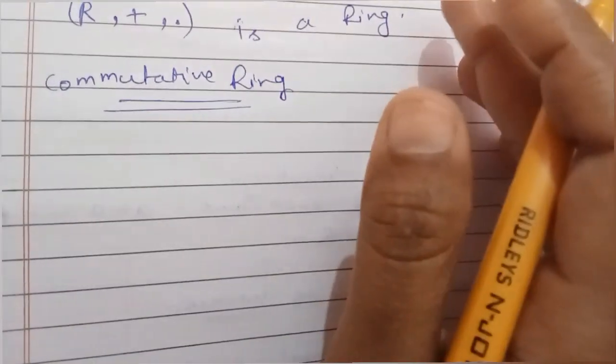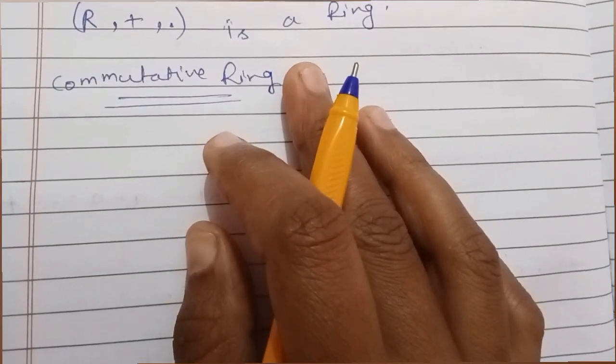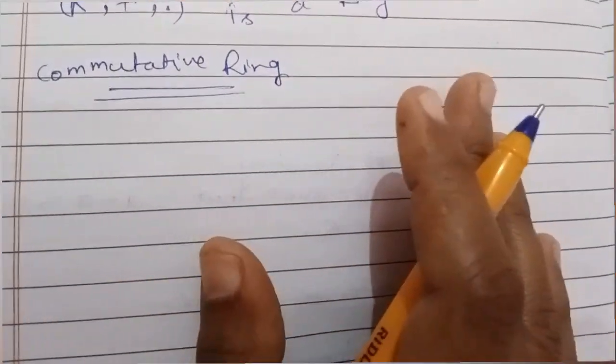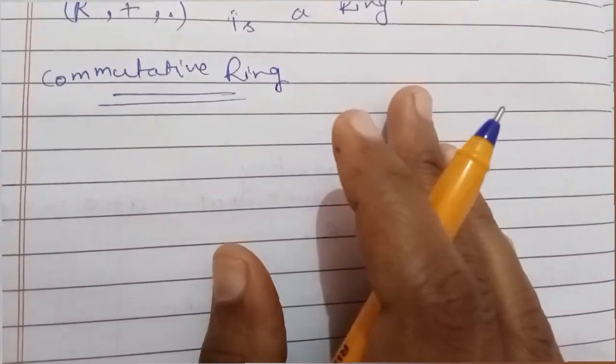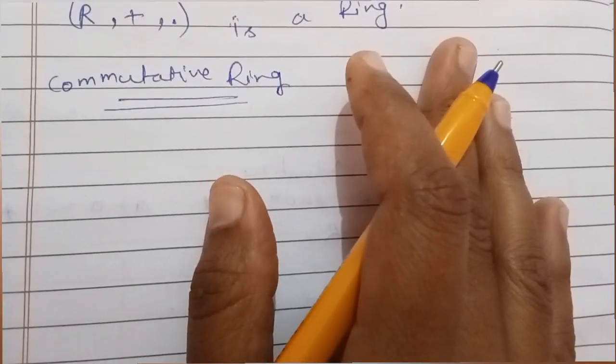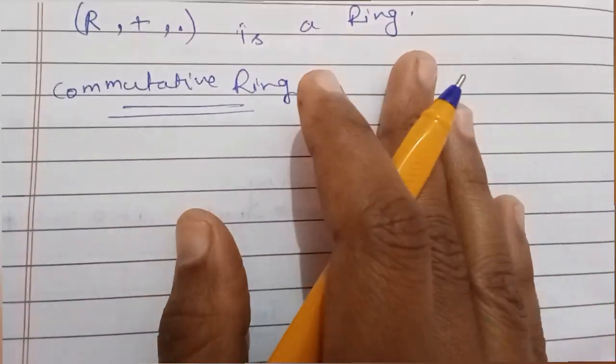As we see, in case of ring, multiplication is closed and multiplication is associative. So if a ring satisfies commutativity for multiplication, we say that this ring is commutative.